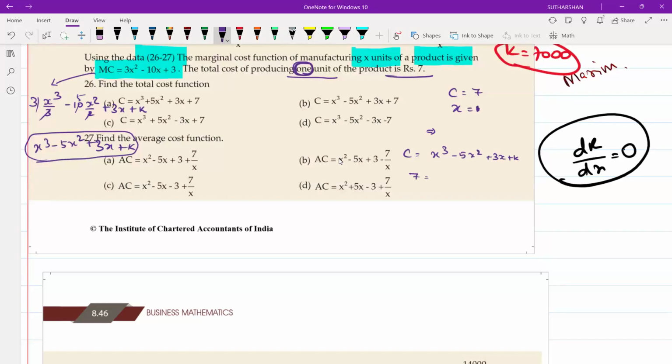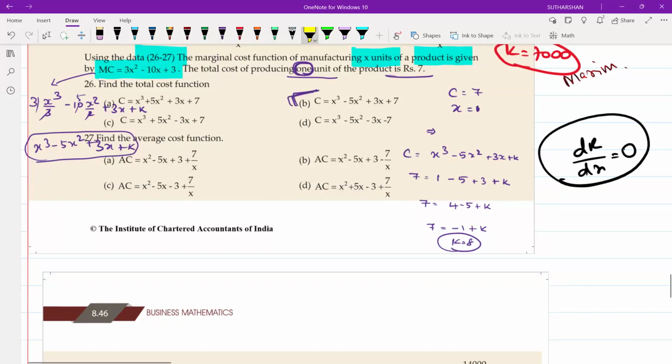X cube, if I put 1, it will become 1 minus 5 plus 3 plus k. Correct? 7 is equal to 4 minus 5 plus k. Then 7 is equal to minus 1 plus k. So k is equal to 8. That's what it should be. So it should be plus 8. Which option will I go with? Actually, it should be option B.